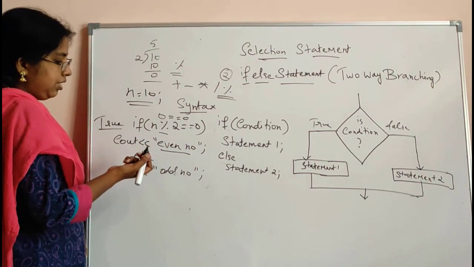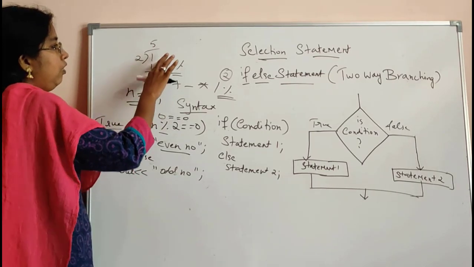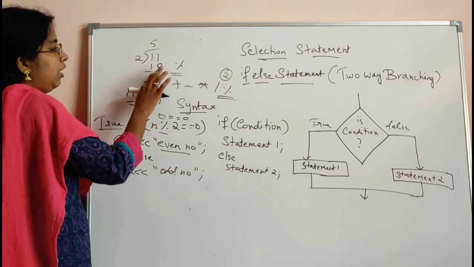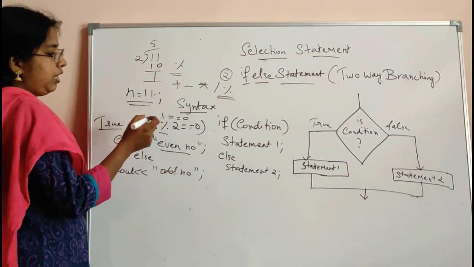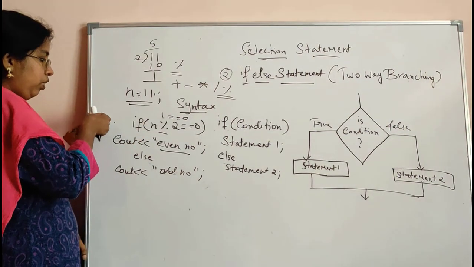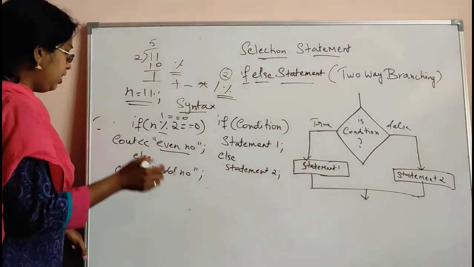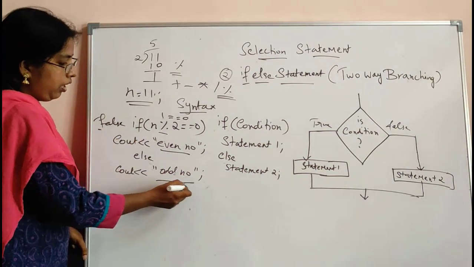Okay, else, for example, you give this as 11. Now what will happen? Here you will get a remainder of 1, and 1 is equal to 0? No, the condition becomes false. So then we have to print odd number.